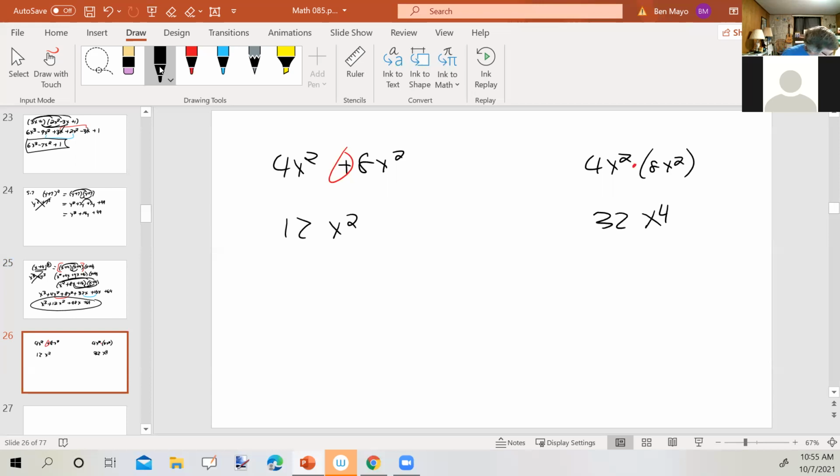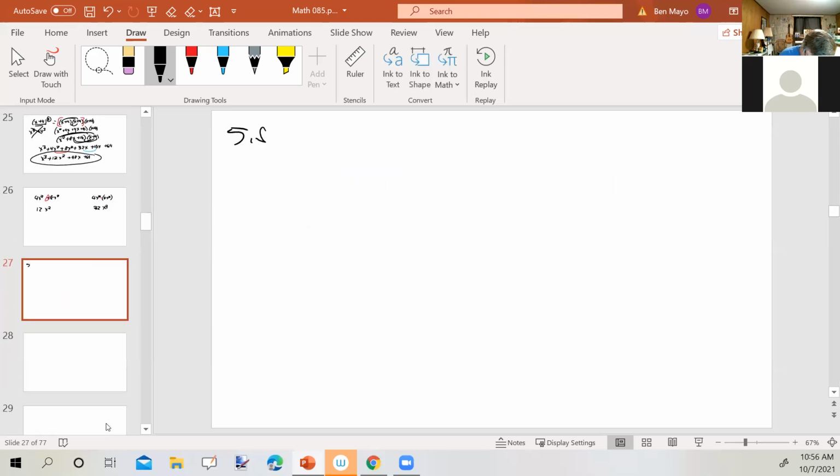Let's take a look at section 5.8, which was dividing polynomials. We started out with dividing monomials by monomials, okay? And so let's say we've got something like this, 22b to the 9th power divided by 6b to the 6th power.